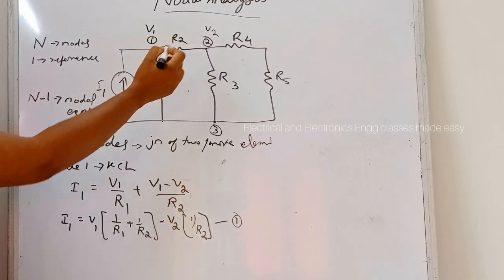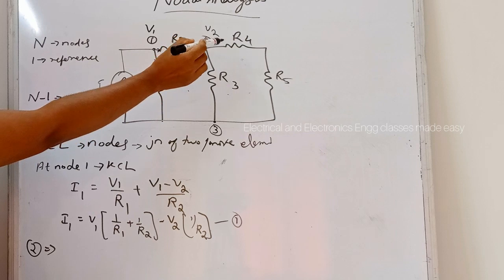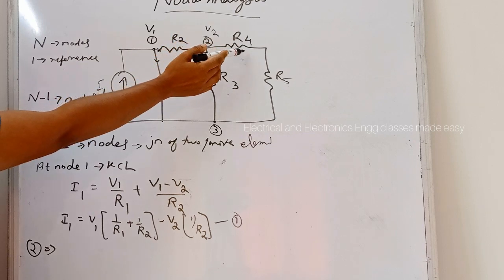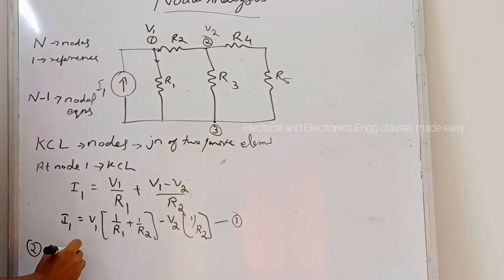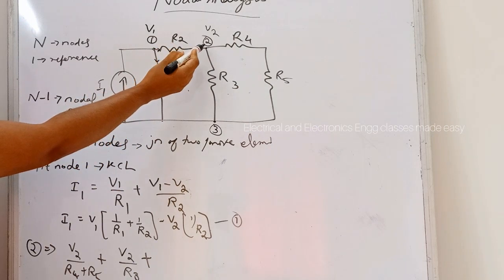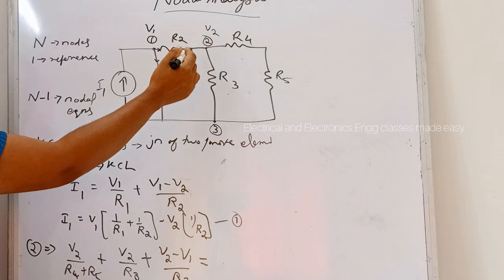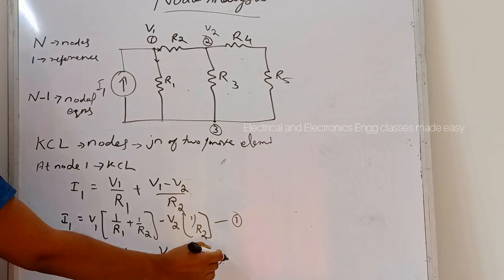Now applying KCL at node 2. At node 2, we can write V2 divided by R4 plus R5, plus V2 divided by R3, plus V2 minus V1 divided by R2, equal to 0, since there is no current source.